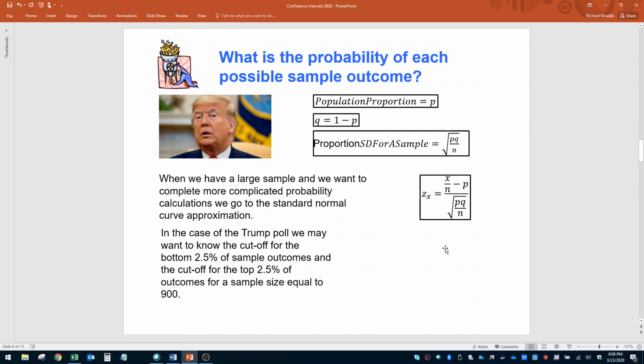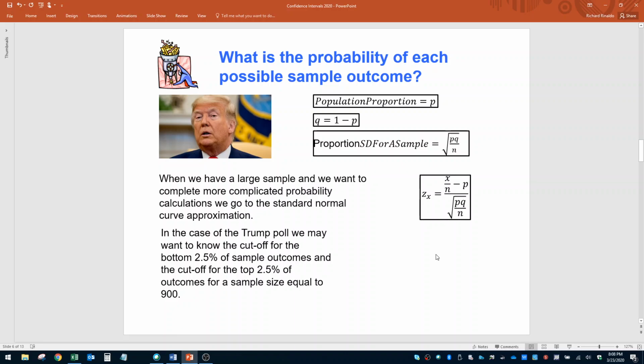The 95% confidence interval is the possible outcomes that are within the boundaries that cut off the bottom 2.5% and the top 2.5%. And everything in between represents the 95% confidence interval. Now, to do that for a sample size of 900 and calculate those percentiles or those proportions, I'm going to use a standard normal curve, and for any standard normal curve, I have to calculate a z-score.